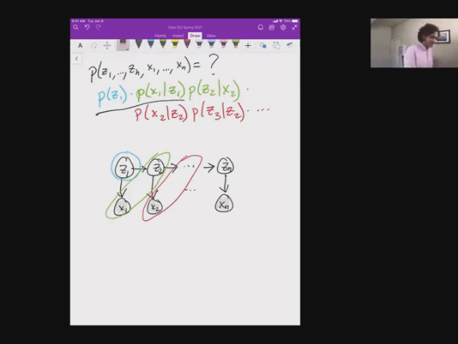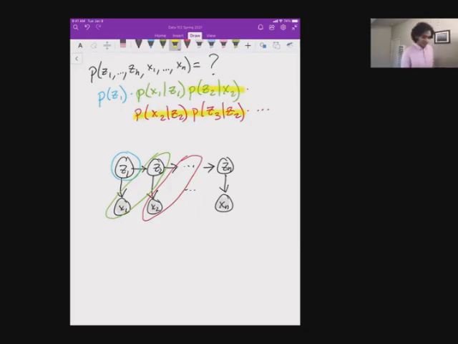And why is it nice for these terms to be simple? Let's suppose you're trying to reason about, say, Z2. You want to understand what Z2 is. In this whole giant distribution, let's say n is 1,000, there are a lot of terms in this equation. But if we're looking at just Z2, it turns out that the only terms in the whole thing that depend on Z2 are these three.